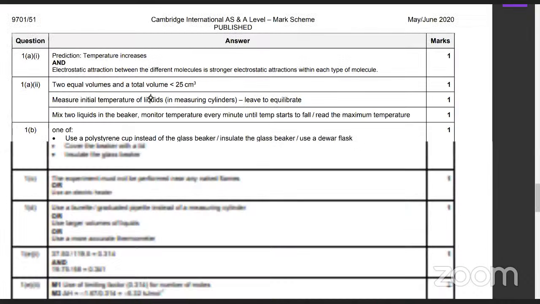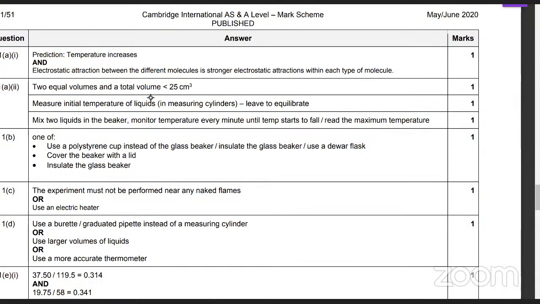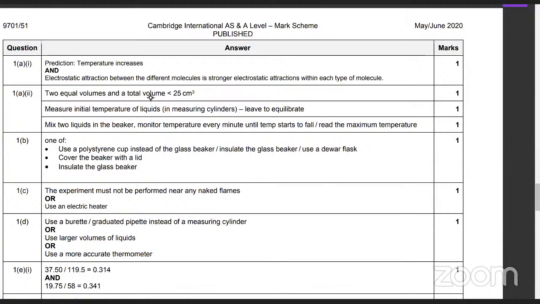Okay, so 2 equal volumes, that should be less than 25. Measure the initial temperature of the liquids, leave to equilibrate. Equilibrate basically means that you leave till the temperature becomes constant. Right? I mean, right at the start.